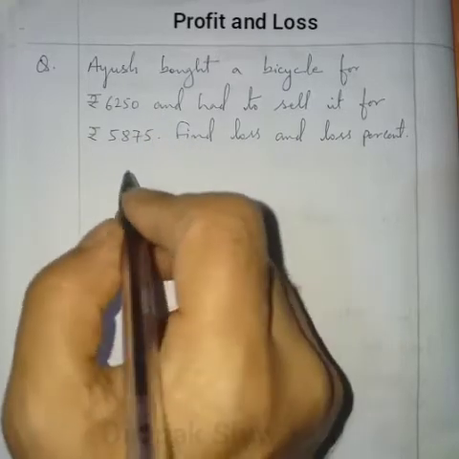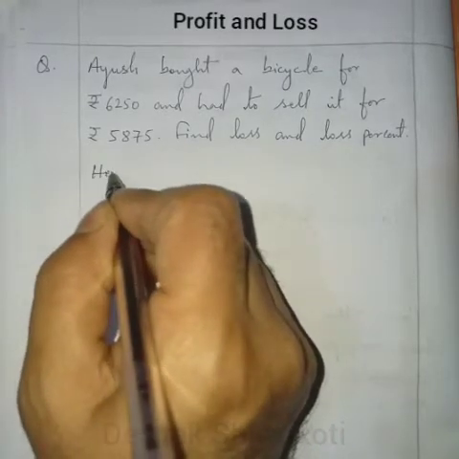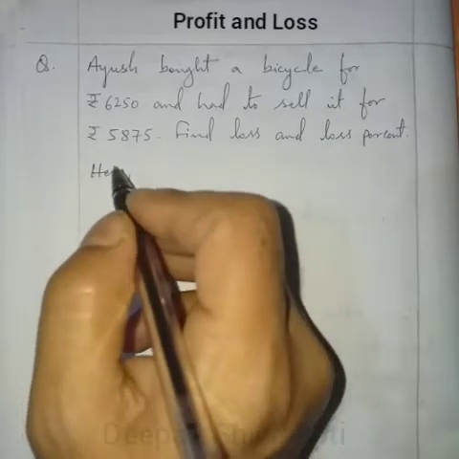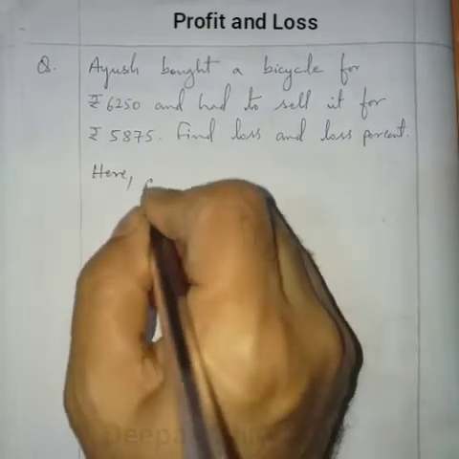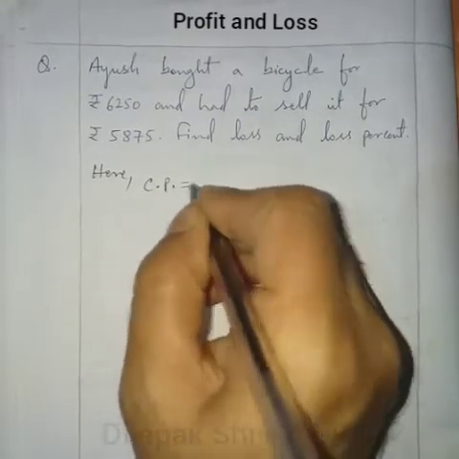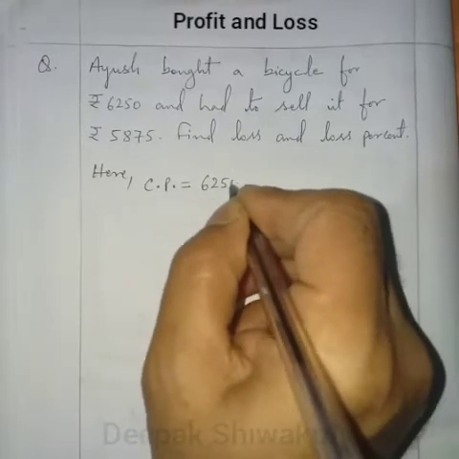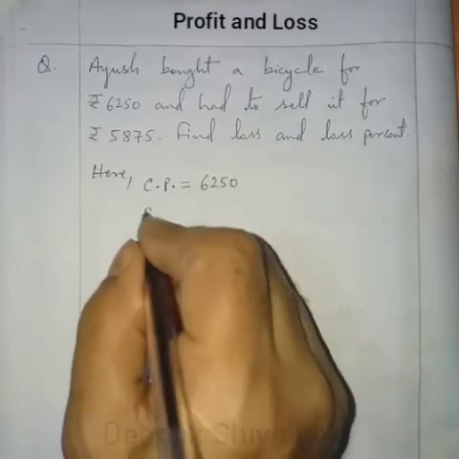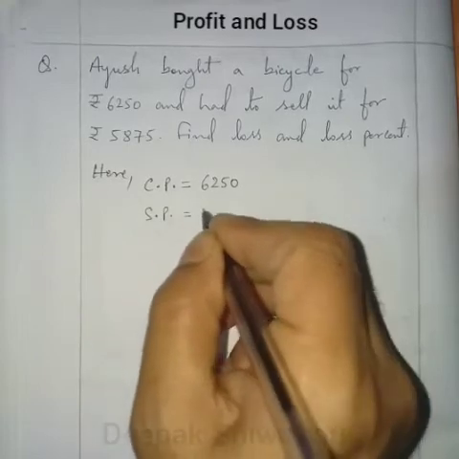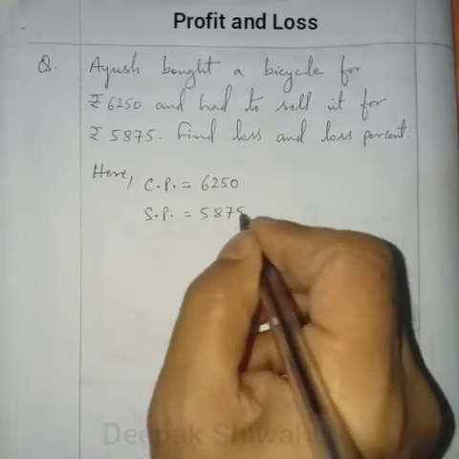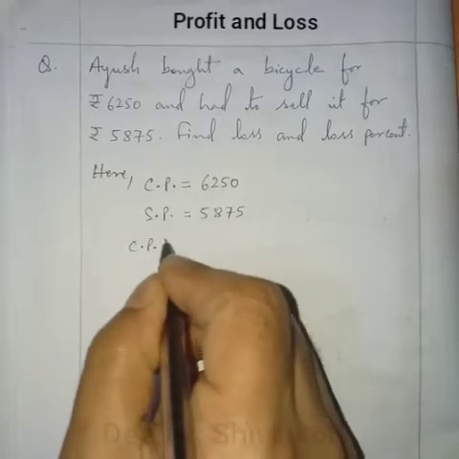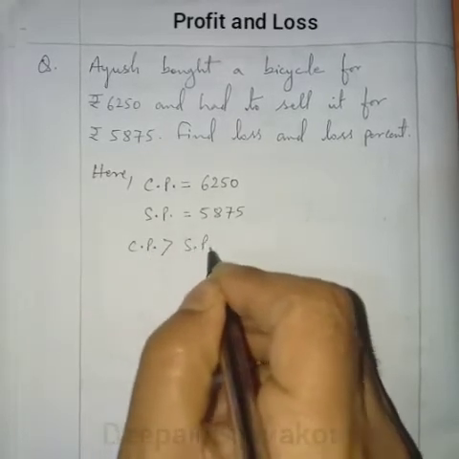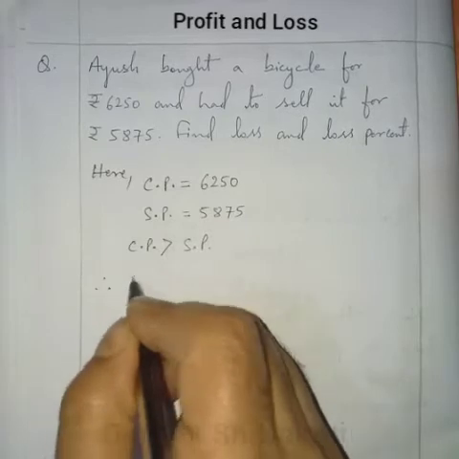Let us do here. CP is equals to 6,250, and SP is equals to 5,875. So you can easily decide CP is greater than SP. That means we'll have loss.